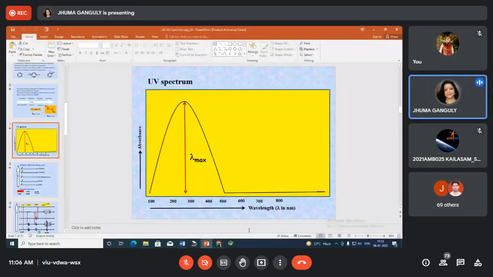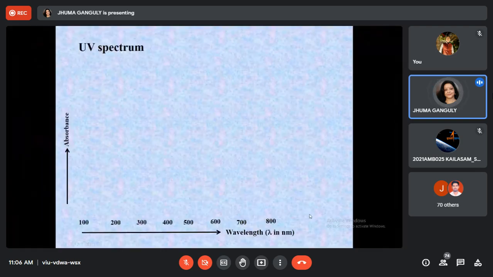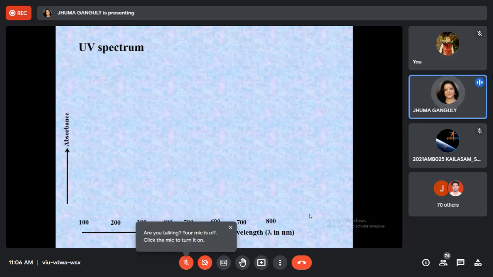Okay, so I start from the last slide from the previous class. This is the slide. It is the UV spectrum, and you can say this is the UV-visible spectrum, because I show the wavelength range is 100 to 800.